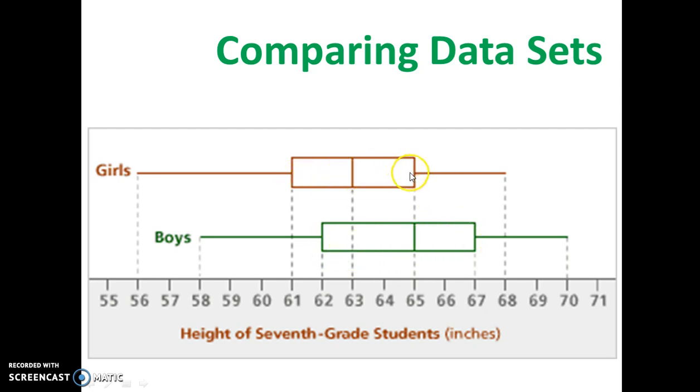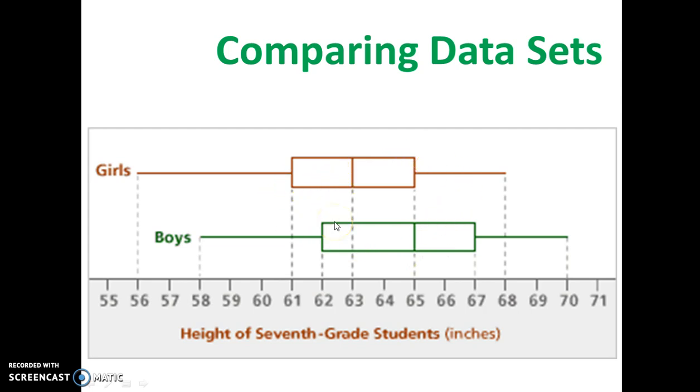And this is a smaller box, so the middle 50% of girls have a smaller spread. The first 25%, the shortest girls, are really spread out here. But the middle pack of girls are almost all the same height, whereas the middle pack of boys is more spread out. Anyway, you can say a lot just from looking at box plots.